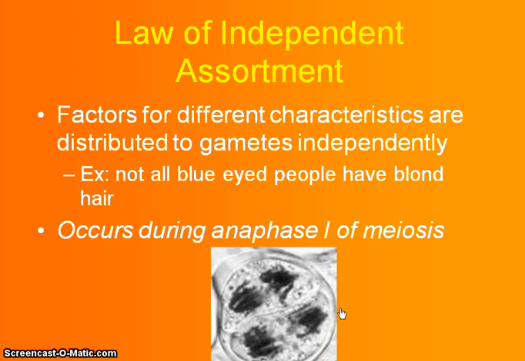So just because you have one recessive trait doesn't mean you have all recessive traits, or because you have one dominant trait doesn't mean you have all dominant characteristics. You get variety and different combinations depending on which egg cell of your mom's ends up getting fertilized by which sperm cell of your dad's. So it's a random and independent process. So this also is something that happens during meiosis.